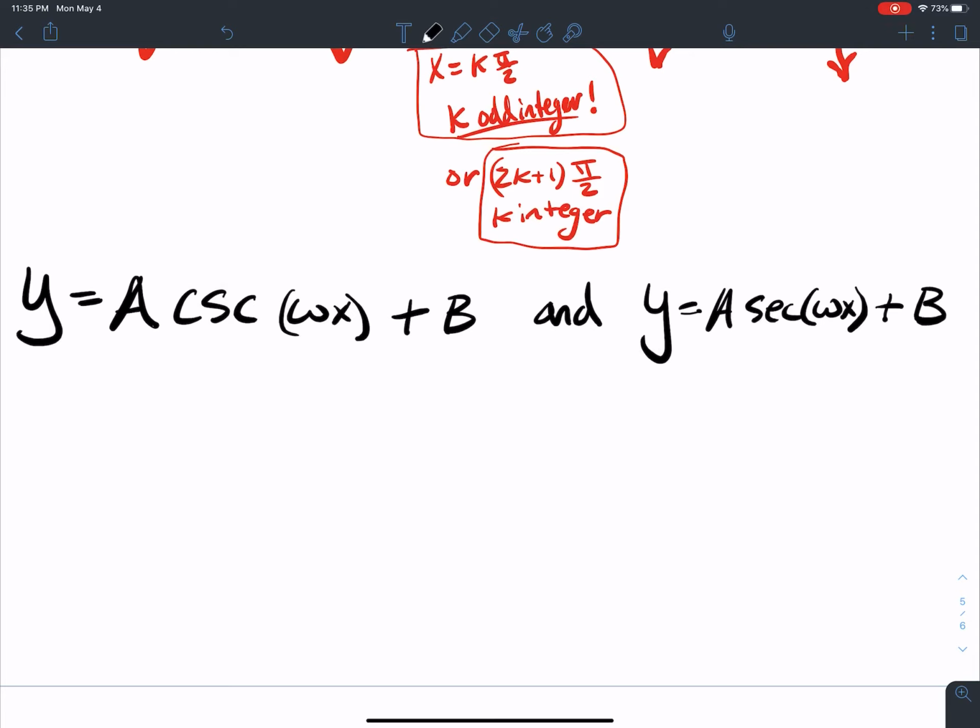So the role of a in these functions is to set the range.